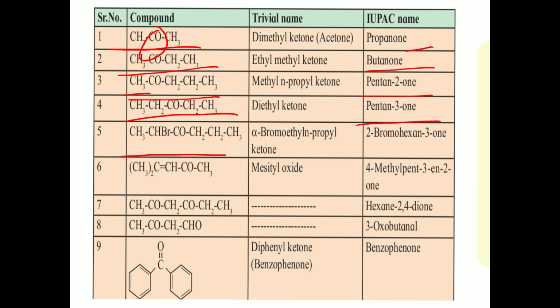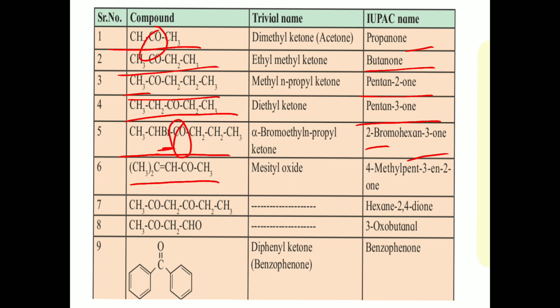Now here it contains 1 2 3 4 5 6 carbon atoms, that means hexane, but here at the second carbon atom it contains a bromine, and at the third carbon atom it contains the carbonyl, so the name is 2-bromohexan-3-one.